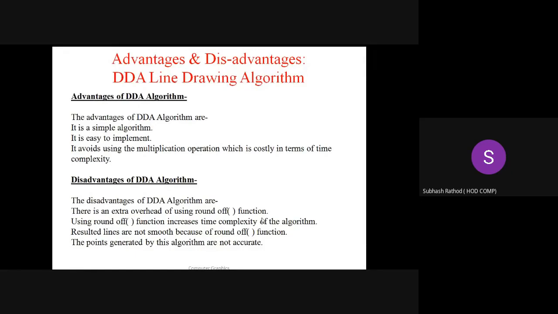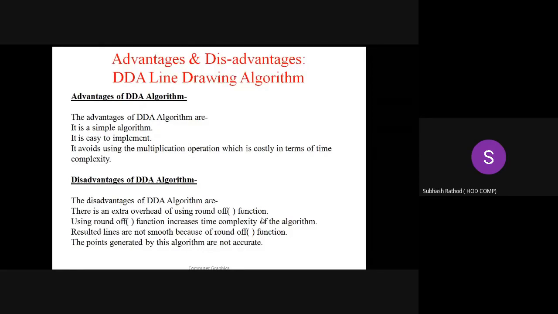Using the roundup function increases the time complexity of the algorithm. The resulting lines are not smooth because of the roundup function. The points generated by this algorithm are not accurate as we are rounding the values.